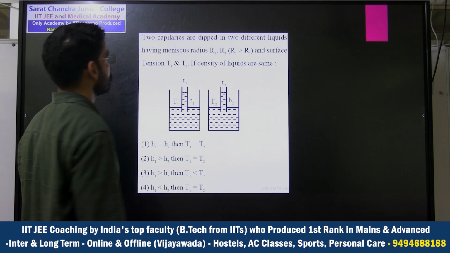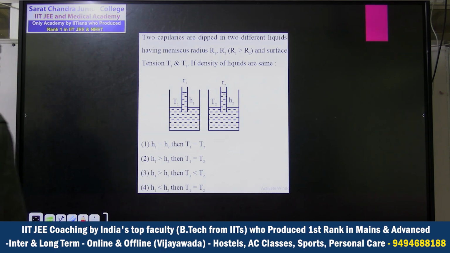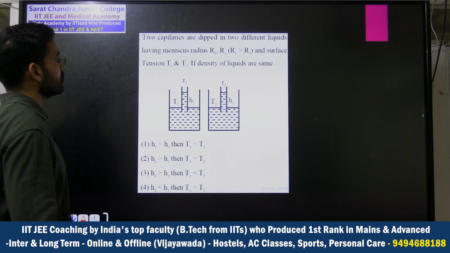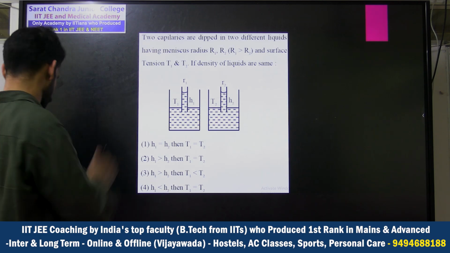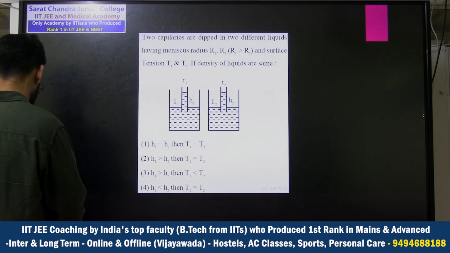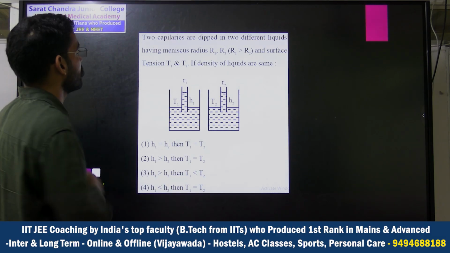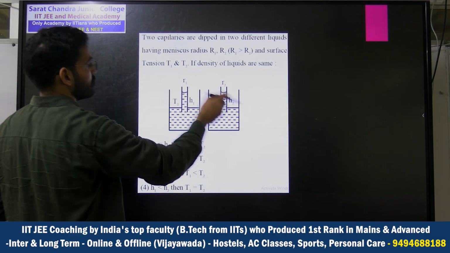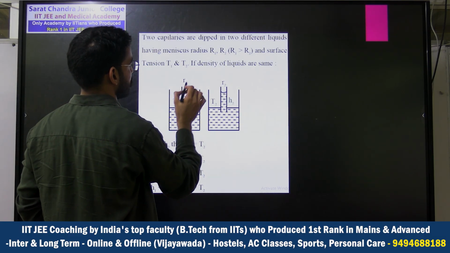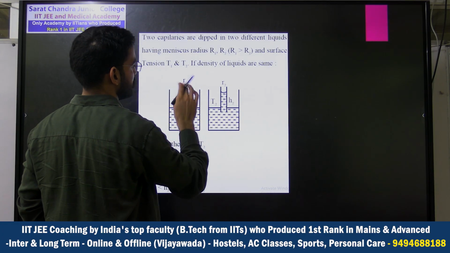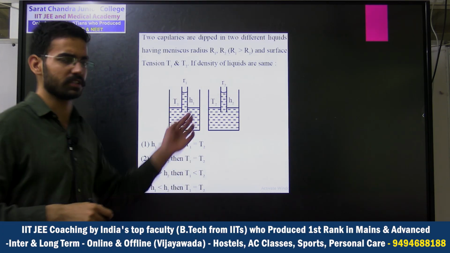If we go for next, here he is saying two capillaries are dipped in two different liquids having meniscus radius R1 and R2. First, maybe you can get a little confused, but not a big problem. R1 is bigger. This is small r1, not the capital R1. These are small r1 and small r2, the radius of the tube.